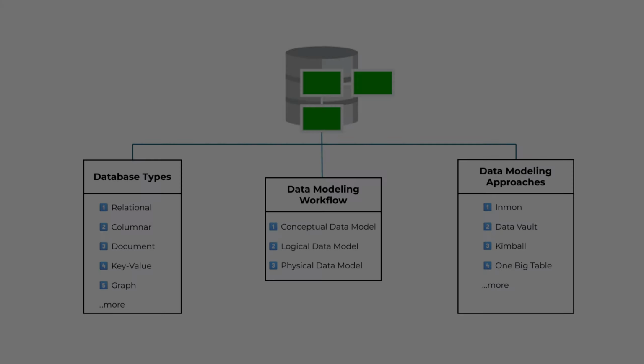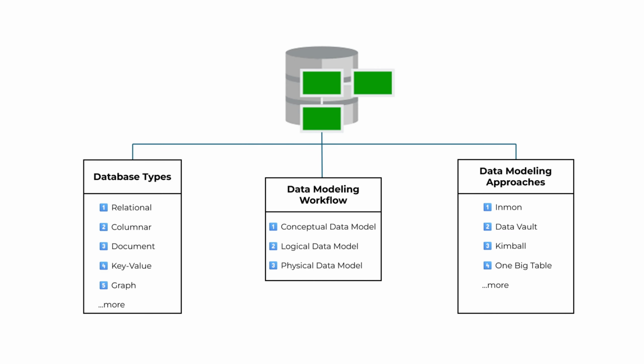Now that we've covered the different types of data platforms and the overall data modeling workflow, the next important question is, how do we actually organize the data within the data platforms? This question is what led to the evolution of several database and data warehouse modeling techniques. This is where a big part of a data architect's or data modeler's expertise really comes into play.